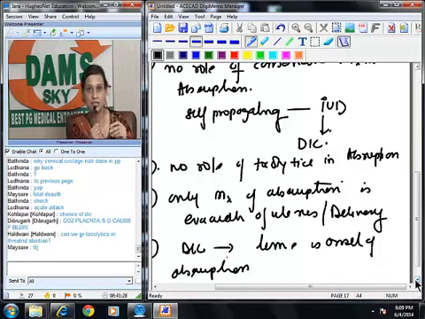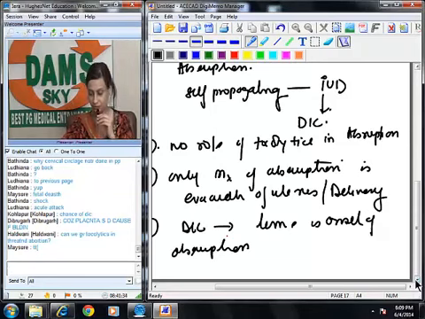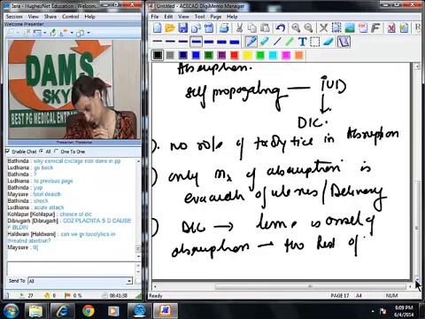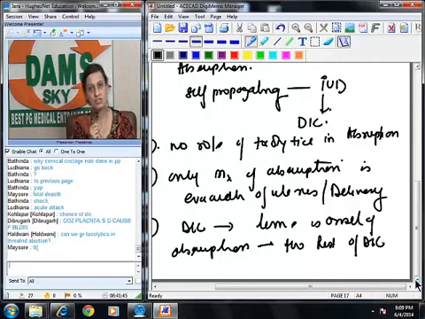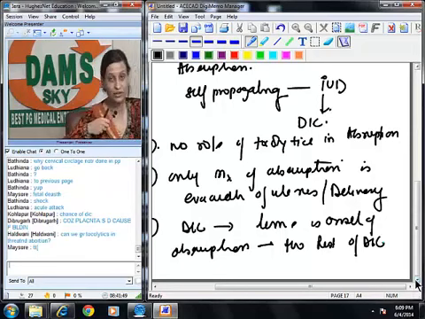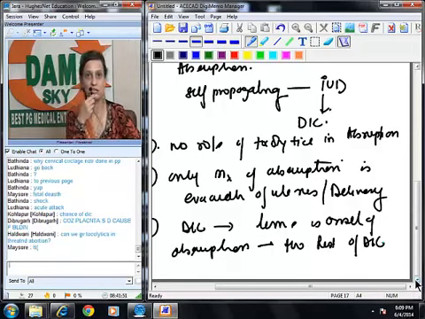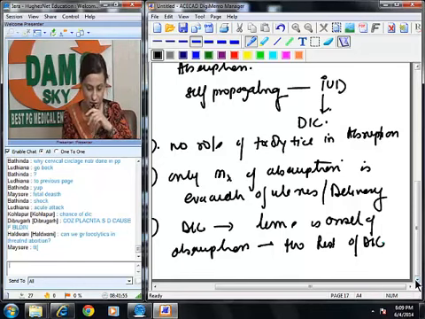The time since the onset of abruption tells us the risk of DIC. The more you delay delivery, the more is the risk of disseminated intravascular coagulation. And the earlier you conduct delivery for these patients, the less will be the risk. Right?